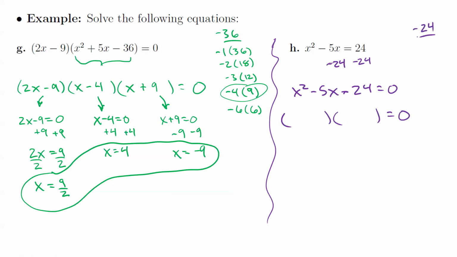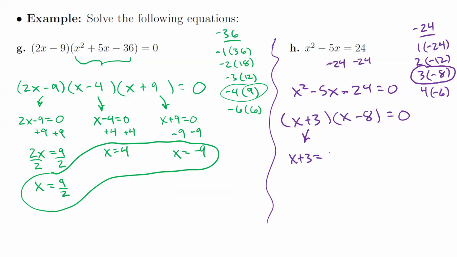So -24, since it's a negative middle term, I'll break it down like this, with the larger absolute value being the negative number. And I think 3 and -8 would do the trick. So x plus 3 is 0. X minus 8 is 0.